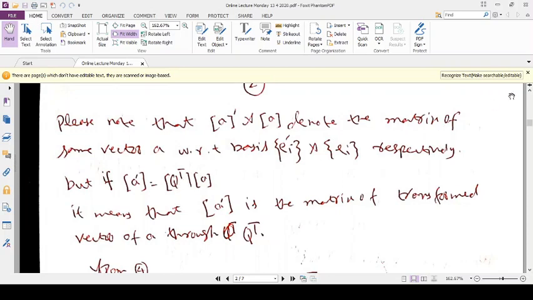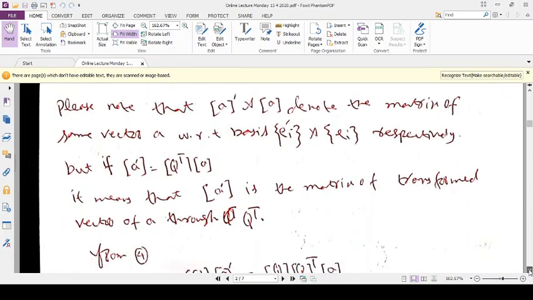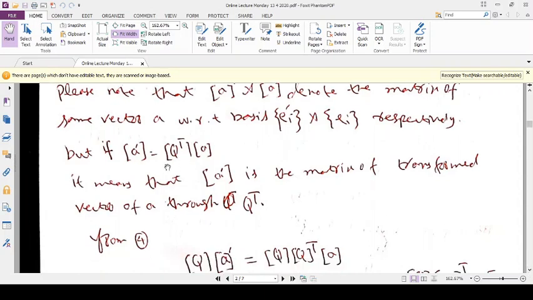This thing is similar to this. I should write it so that the matrix of A, Q and transpose should be outside of this bracket. I have made a mistake here, so please correct it.